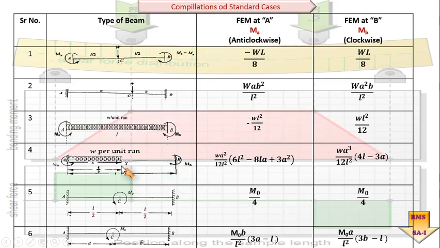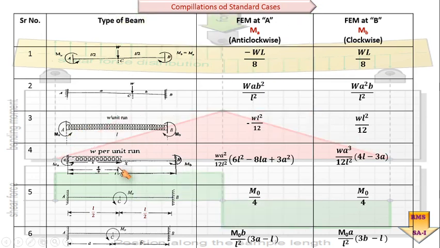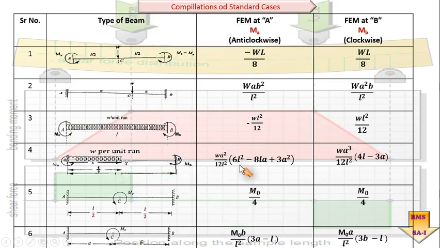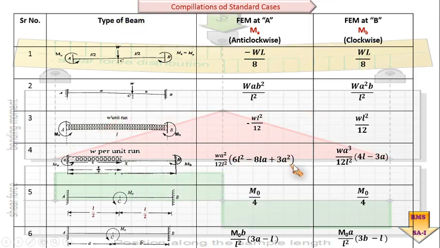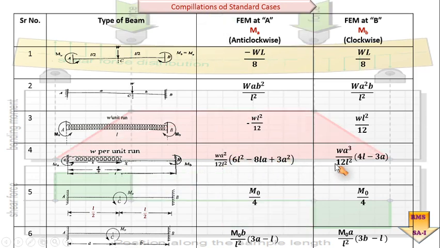Next case is the UDL, which is partially loaded on that particular beam. So in that particular case, we have the fixed moment at point A and at point B, and so on.